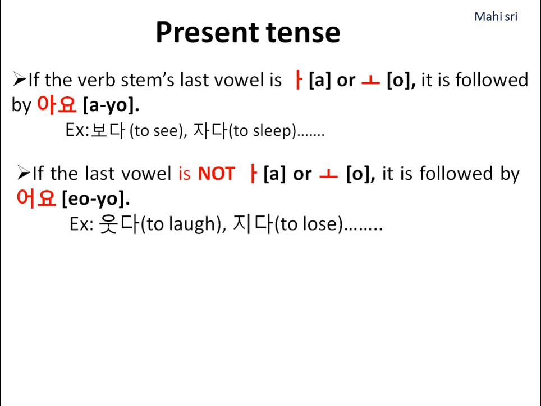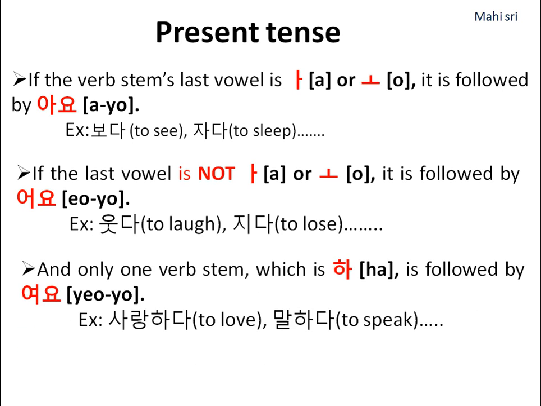The second rule is, if the verb stem's last vowel is not a or o, I mean the remaining vowels, it is followed by oyo. Here are some examples given for that type of verbs. And if the verb stem ends with ha, which I already told you are hada verbs, this rule follows: it is followed by yeoyo. That's it. We are done.